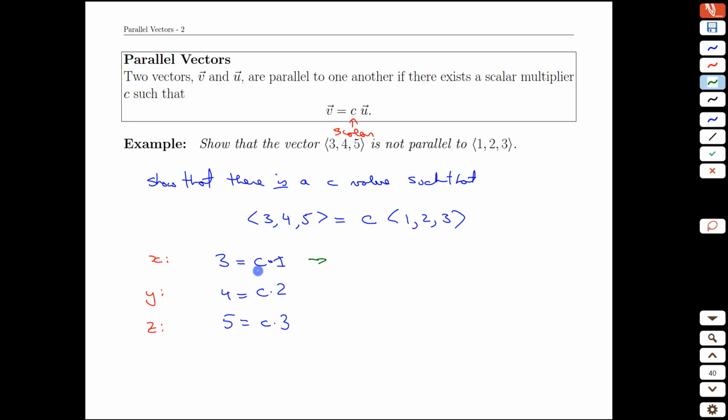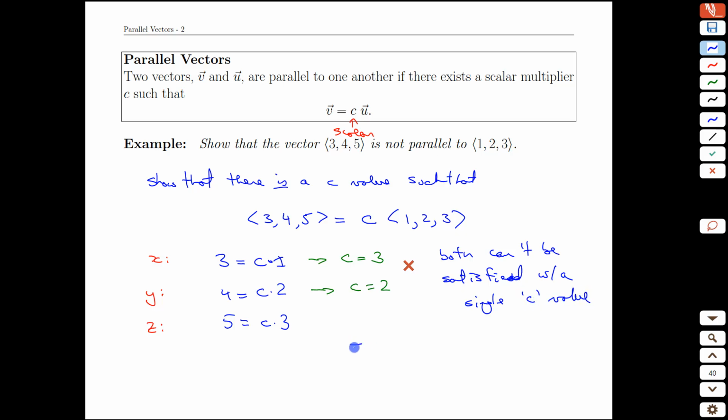I think the answer pretty clearly and very quickly is no, because to satisfy the first equation, we have to have c equals 3. However, to satisfy the second equation, we'd have to have c equals 2, and we can't satisfy both of those at the same time with a single c value.